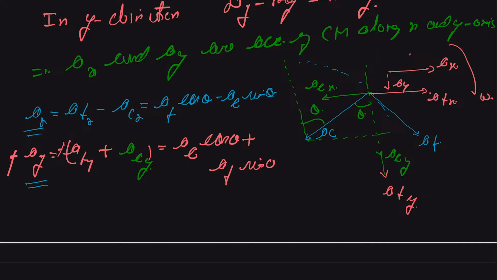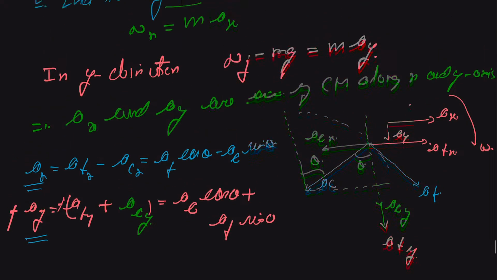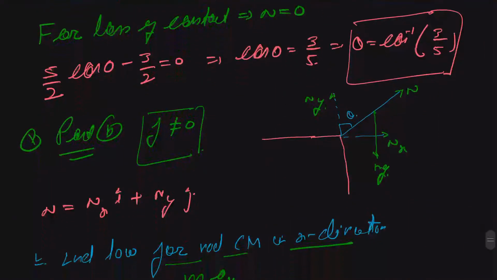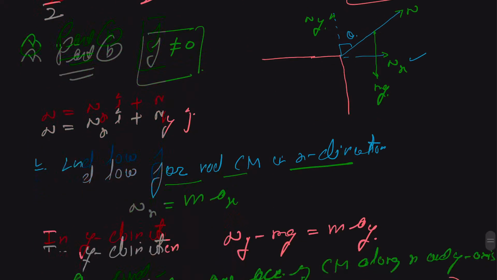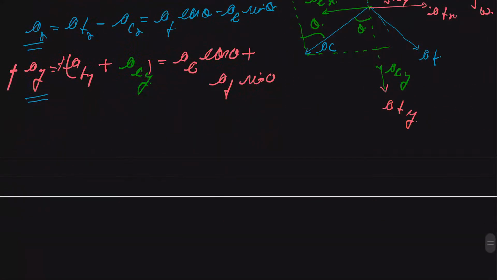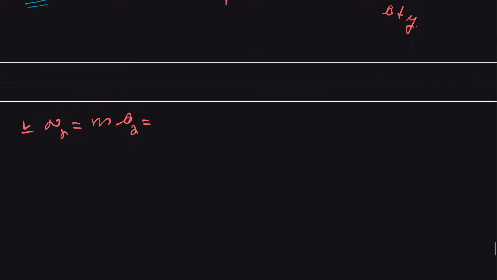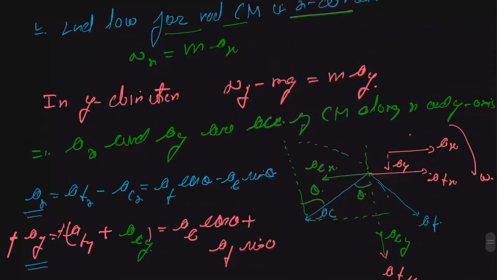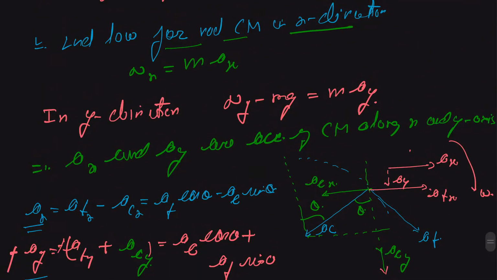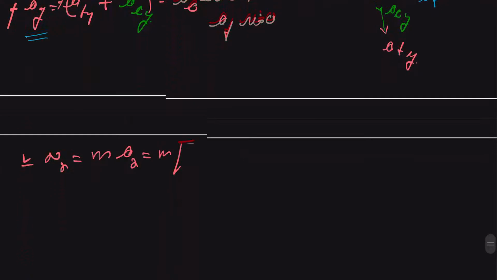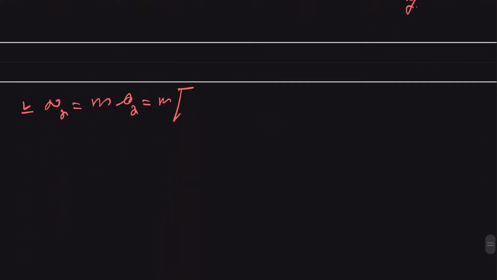And therefore, we can write that our n of x is equal to our mass multiplied by our A of x. So we get this as m multiplied by A of x, where A of x is AT cos of theta minus AC sin of theta.